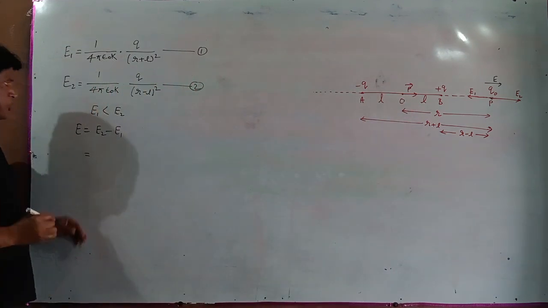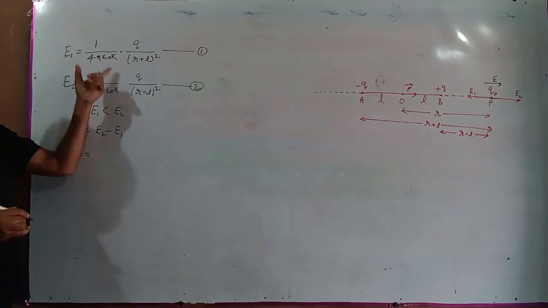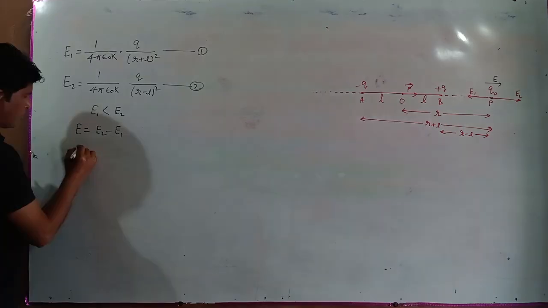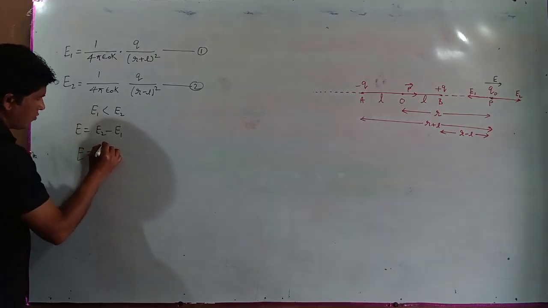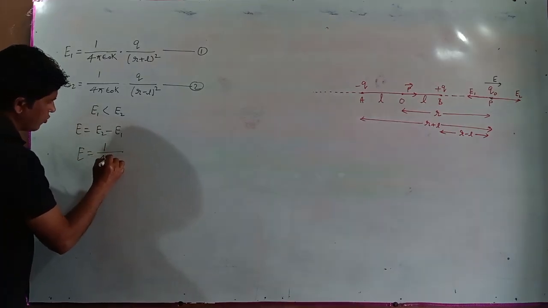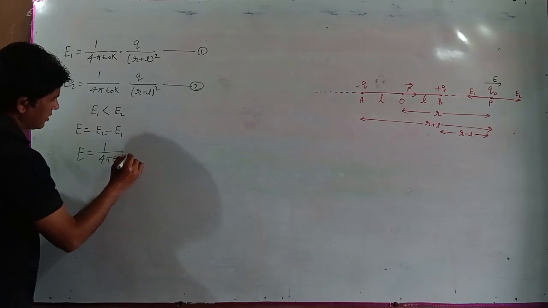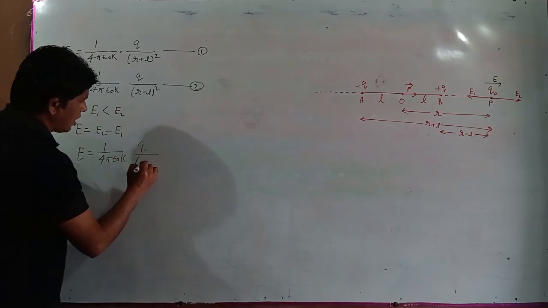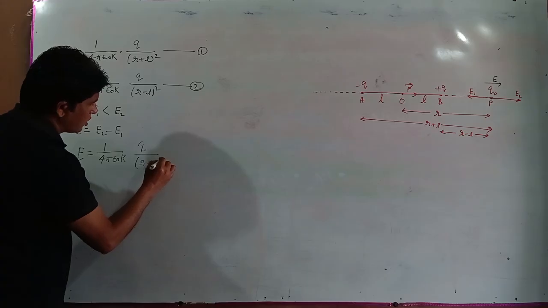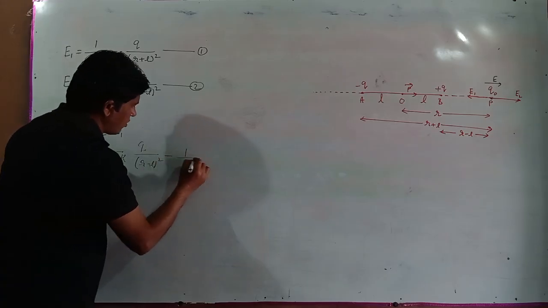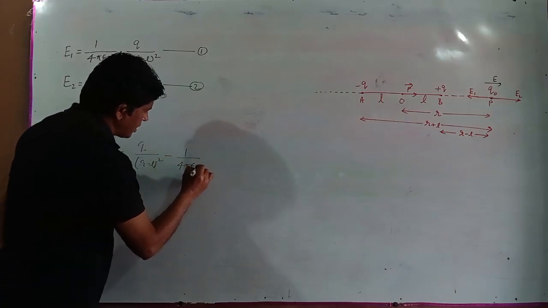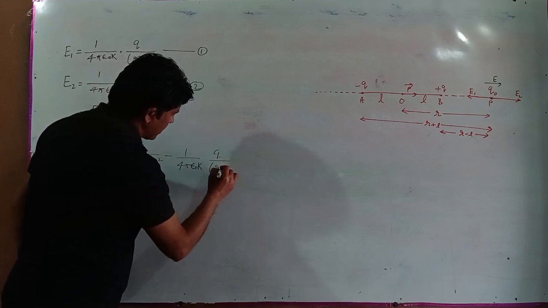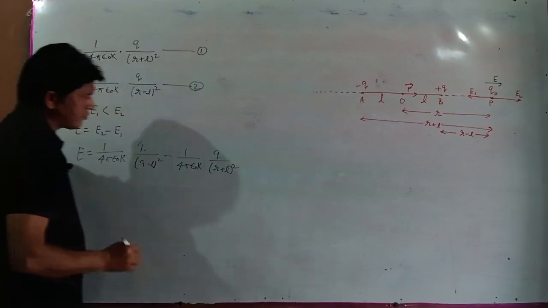Now, substituting these expressions for E1 and E2, we get E is equal to 1 upon 4 pi epsilon naught, K times q over (r minus L) the whole square, minus 1 upon 4 pi epsilon naught, K times q over (r plus L) the whole square.